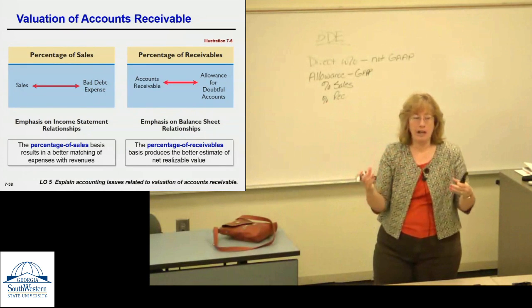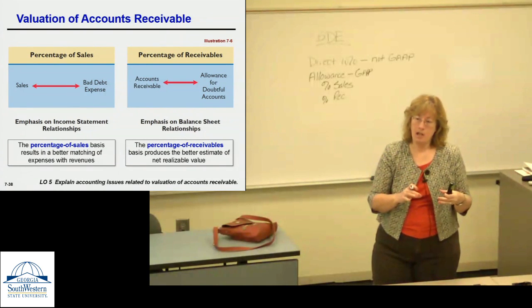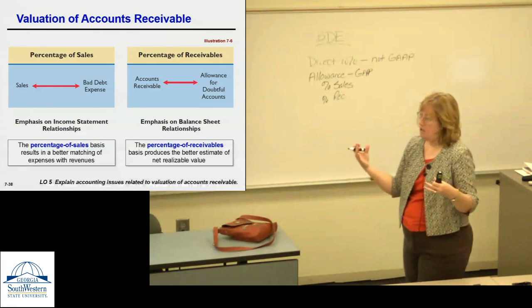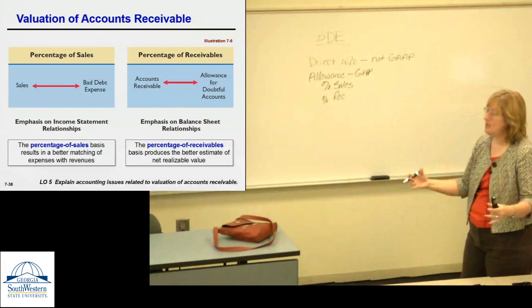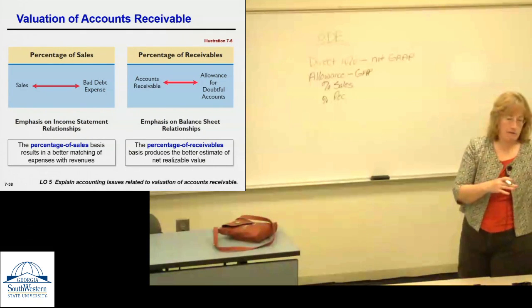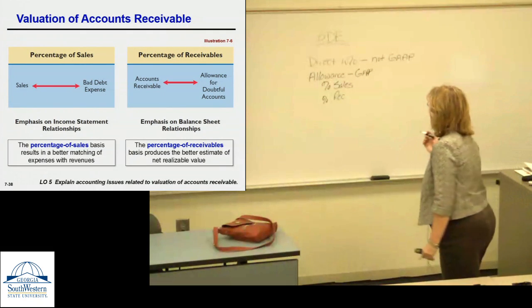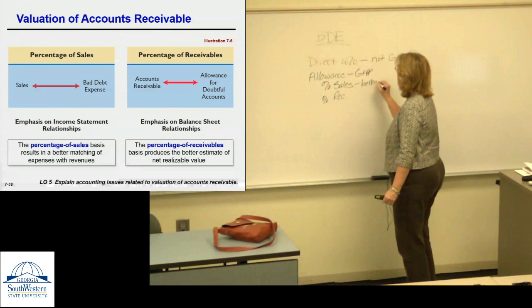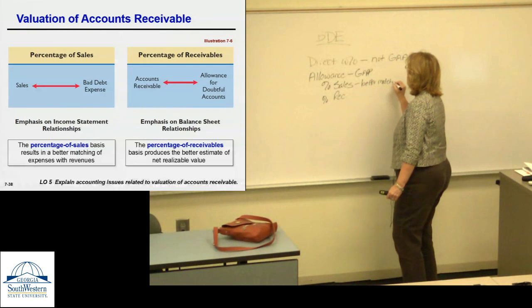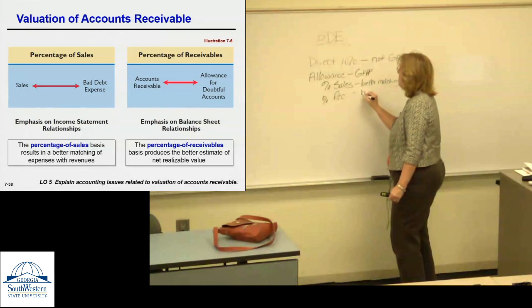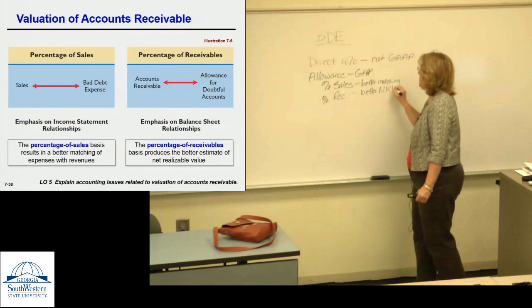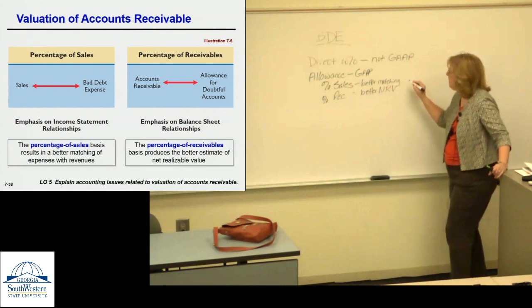So we're looking at the receivables to make our estimate, and it better estimates net realizable value. So you could say percentage of sales is better matching, and this one is better net realizable value. So what do we mean by that?